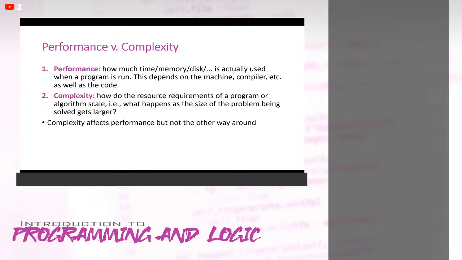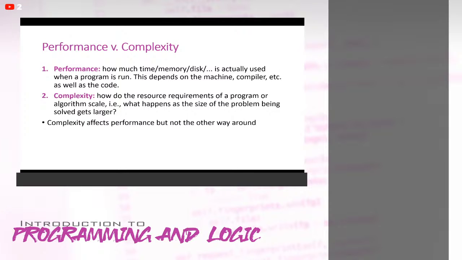Like we can write code that is more efficient for performance. But the way that we do that is we write code with complexity in mind, and this sort of complexity is about the resource requirements of a program that we're running.